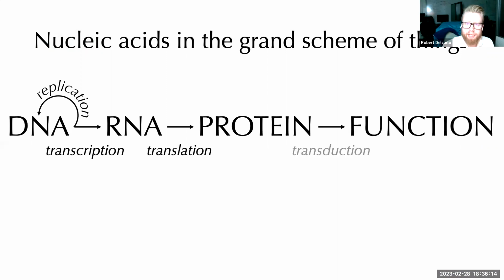And from protein, the protein folds up into a structure of some kind, and that structure is transduced into a function. And that function plays some role in the environment. It either makes the organism more fit, or doesn't play any role to do with fitness, or it makes it less fit.